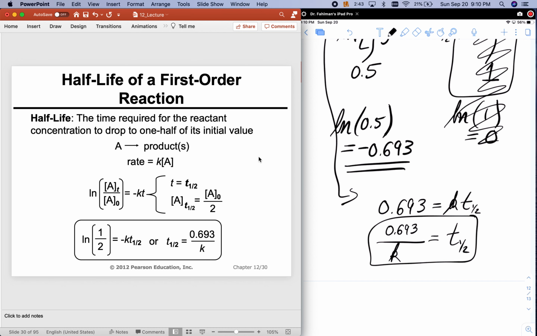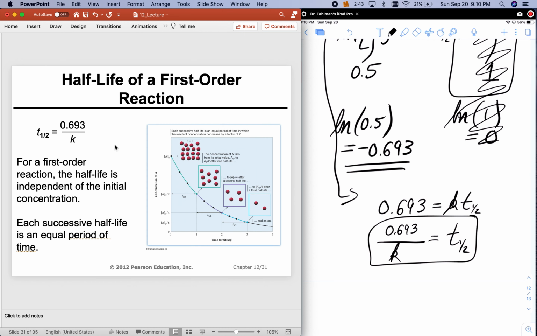We will talk about this and do some questions when we're back live together. I don't want to go too far here, but just to show you graphically what we mean by half-life, if this is your initial concentration, then after the first half-life, you've got half left.